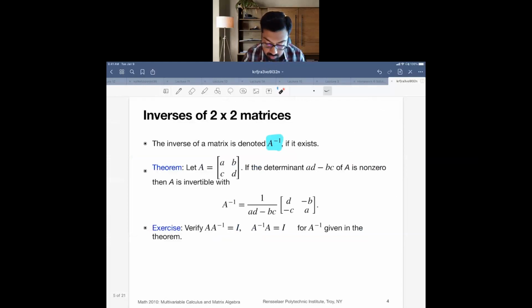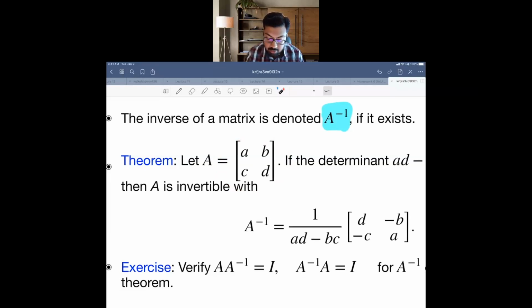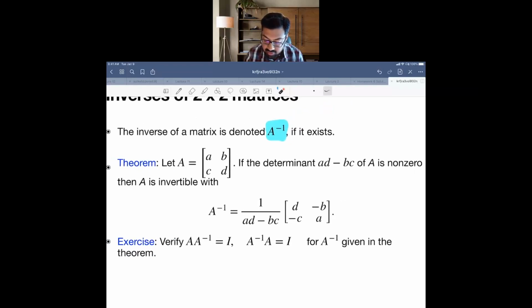Okay, so we are coming to matrix A. I'm assuming that matrix A has 4 elements, 2 by 2 size, A, B, C, and D. And the determinant of A, I've already told you, is AD minus BC. For A to be invertible, AD minus BC has to be a non-zero value. So I'm assuming that it is, right?